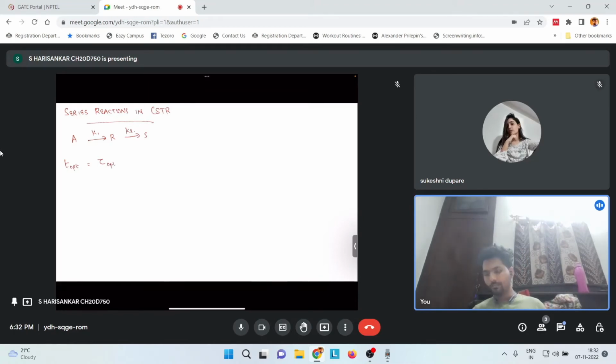So tau optimum for CSTR will be 1 by root of k1 k2. Okay, and CR max will be equal to CA0 by ((k2 by k1) the whole raised to 1 by 2, plus 1) the whole squared.